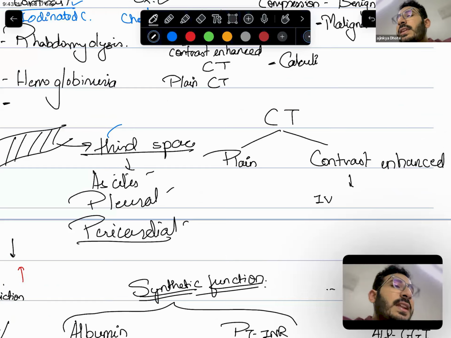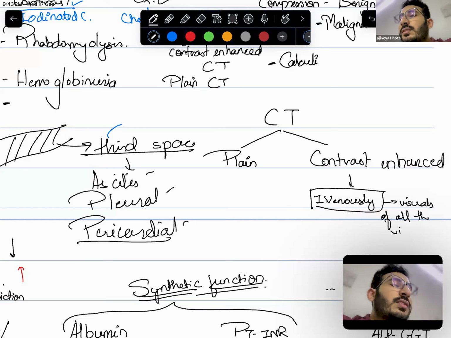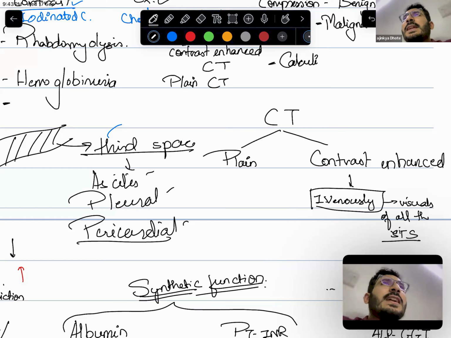You inject an iodinated contrast intravenously, and that will lead to better visualization of all the viscera, of all the soft tissue structures in general. So contrast obviously is required. Many times you cannot diagnose conditions without a contrast, but it has its own drawbacks.